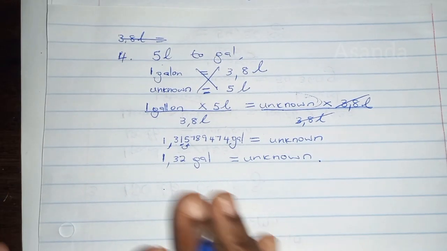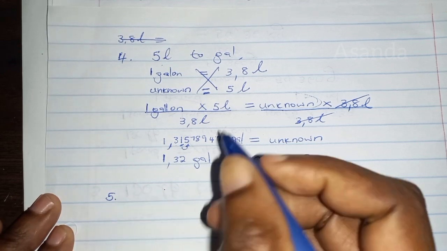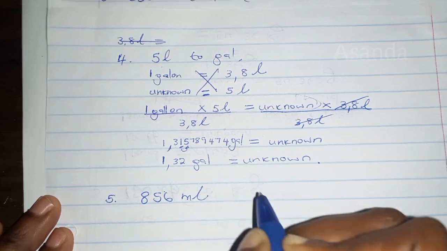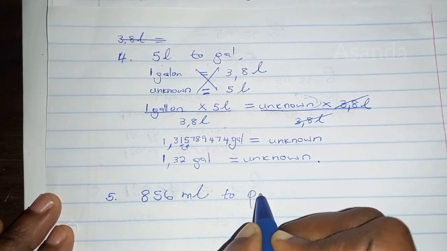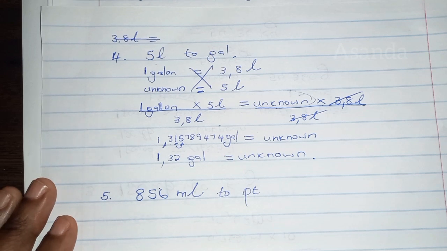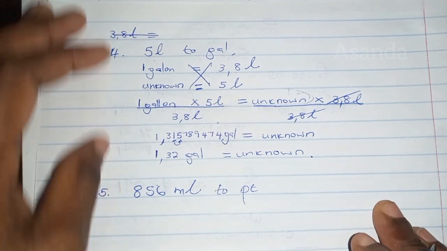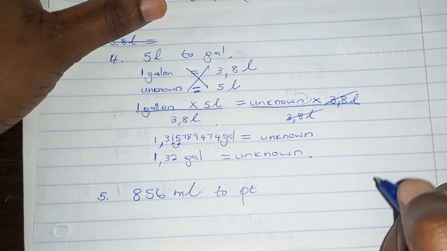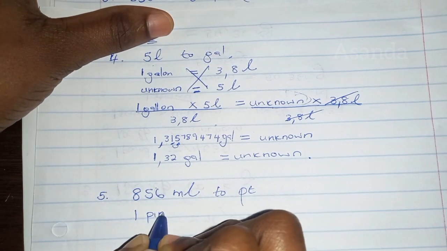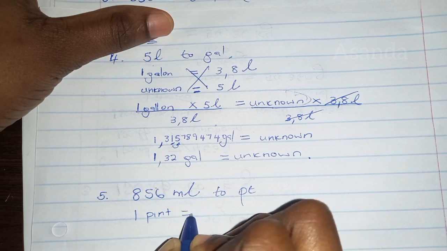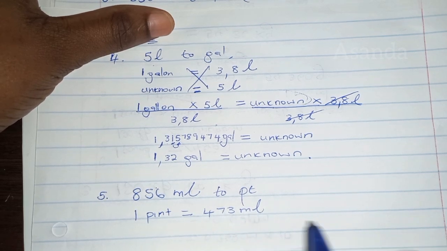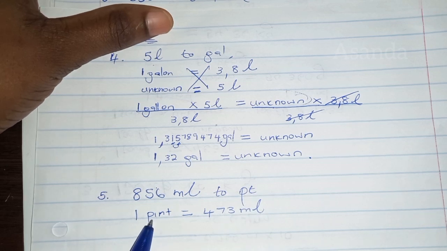Number 5 says I must convert 856 milliliters to pint. Right. Therefore, I must use then the conversion factor that says 1 pint is equal to 473 milliliters. Okay, so how many do I have?